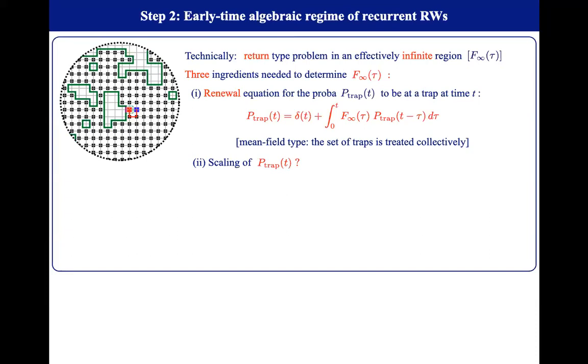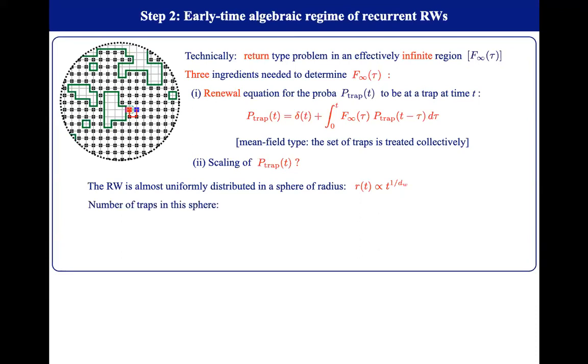Second step, we have to say something about p trap of t to be able to say something ultimately about what we are interested in, f infinity. And what we say, very simply, is that the random walk is almost uniformly distributed in a sphere of radius r of t, proportional to t to the power 1 divided by dw, by definition of the dimension of the walk.